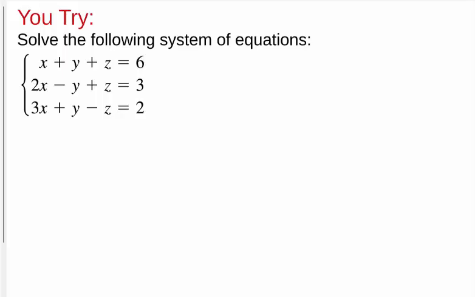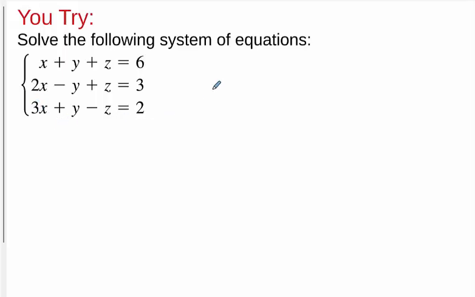So, with this one, again, the first thing we want to do to get this close to row echelon form, let's try to get rid of the 3x here. Now, the best one to do it with is equation 1. If we use equation 2, we have to multiply equation 2 by something and equation 3 by something.